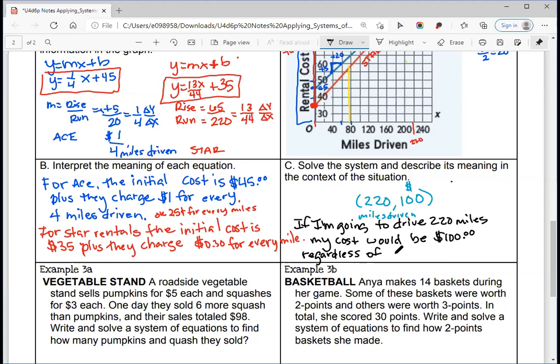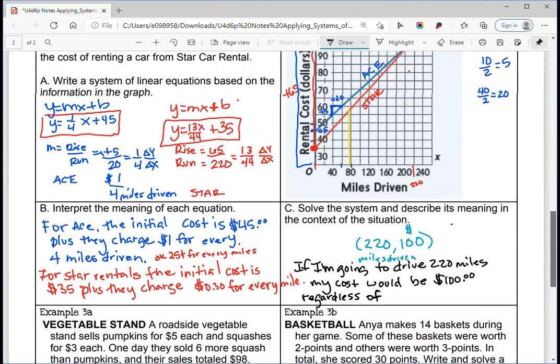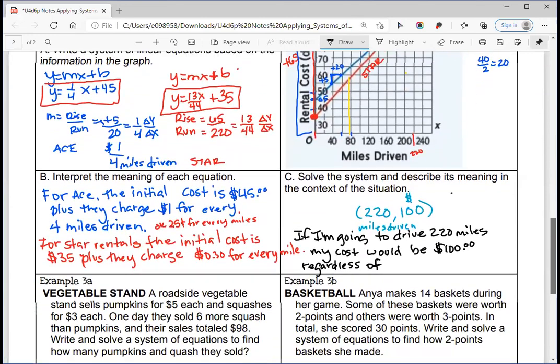Better choice if you're going to drive more than 220 miles would probably be the Ace. Yes, if you're going to drive more than 220 miles, you're probably better off going with Ace, right? And if you're driving less than, then Star would be your best choice. And so that's exactly what we want you to be able to do, is to look at data and make decisions and be able to make logical choices based on things.